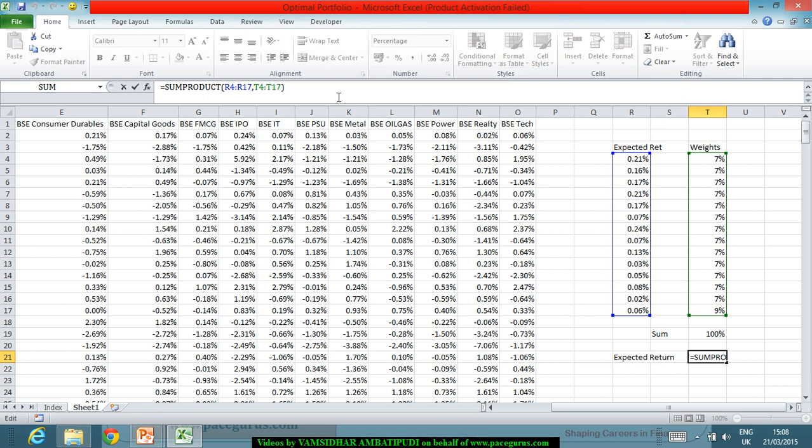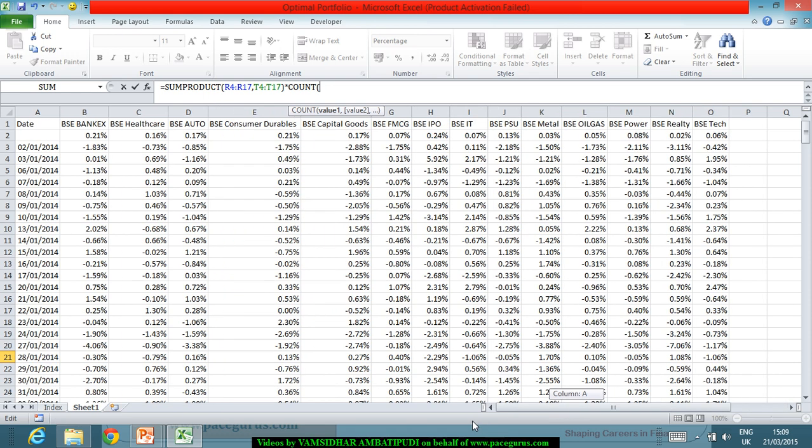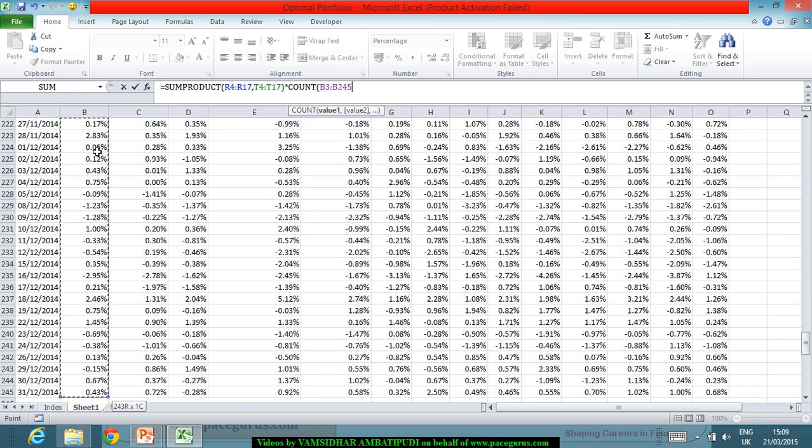So if I'm really interested in the annual return, I can multiply it by the total number of observations that we have taken for computing the average.